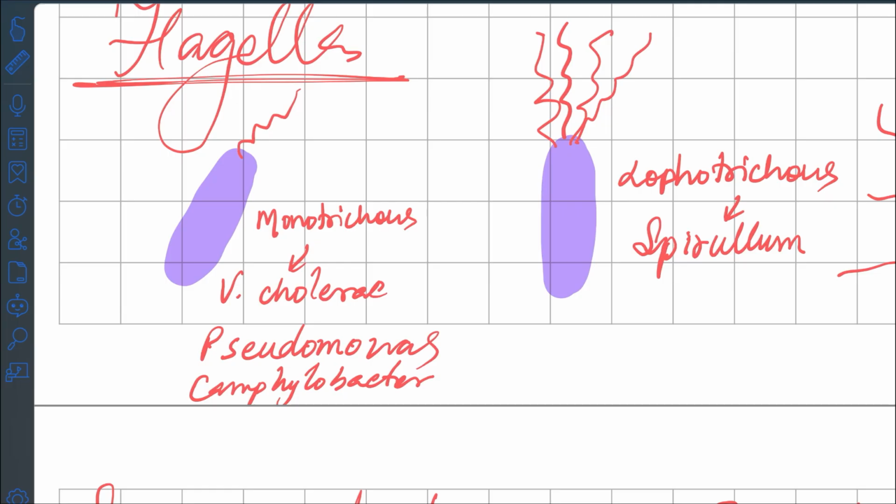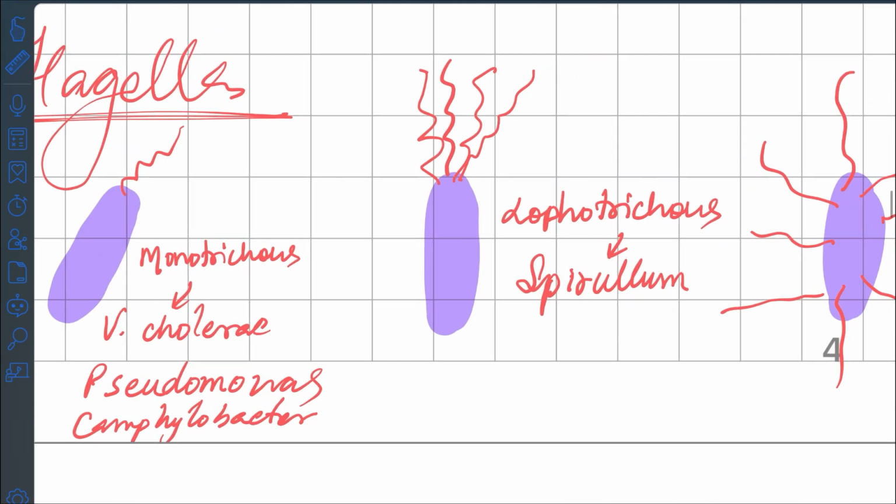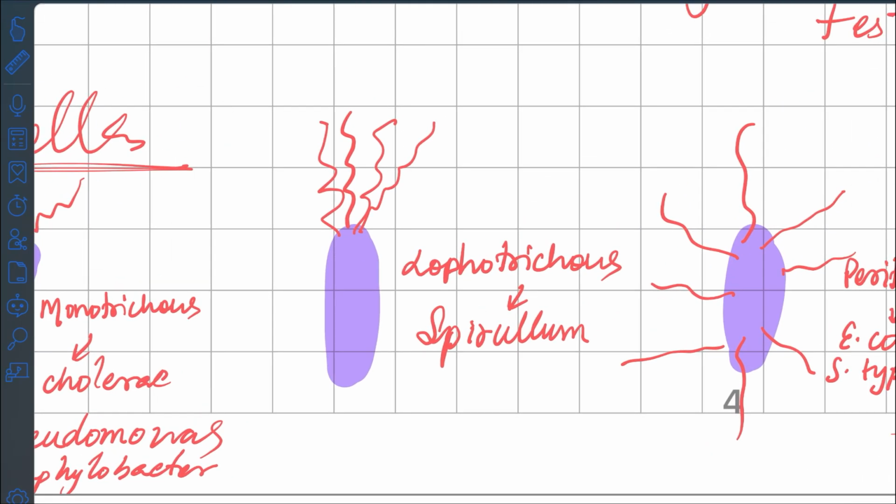Just try to remember one example at first, and you'll learn the others as we go on looking in the further chapters. Don't just pressurize yourself, okay? Now the second arrangement, we can see that there is a tuft of flagella on just one end of the bacteria. This kind of arrangement is lophotrichous, seen in Spirillum.